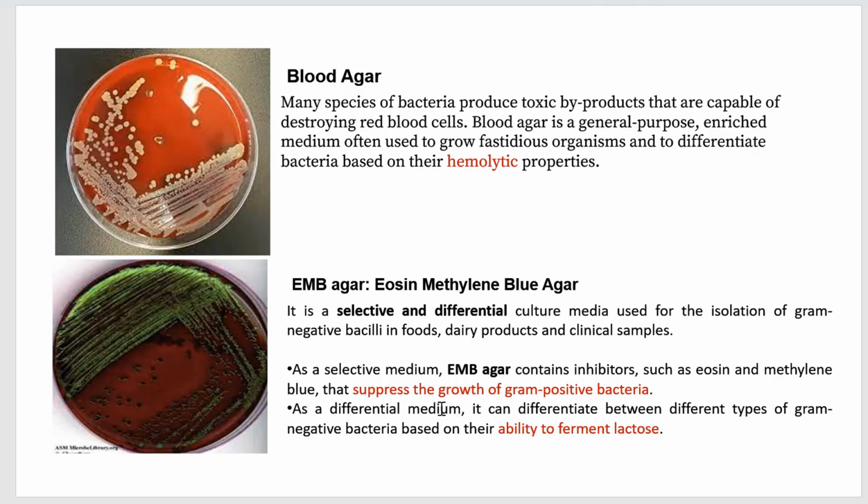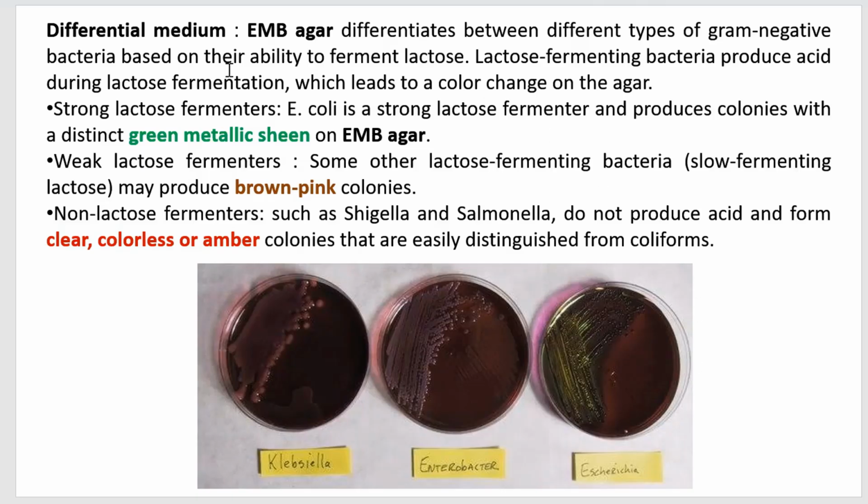And as a differential media, it can differentiate between different types of gram-negative bacteria on their ability to ferment lactose. So, what is this differentiation? The strong lactose fermenters, like E. coli, produce colonies with a green metallic sheen. Here you can see this green metallic sheen. It is a strong lactose fermenter, so it will ferment a high amount of lactose.